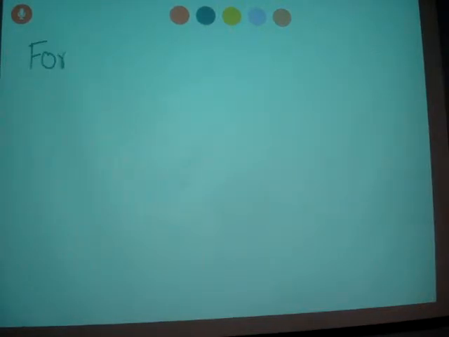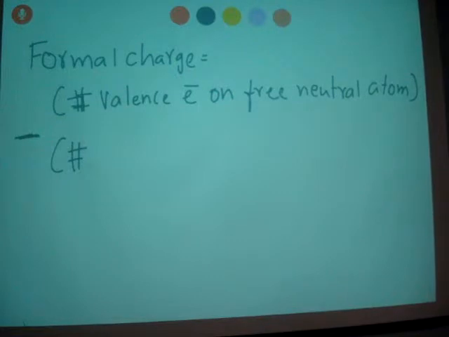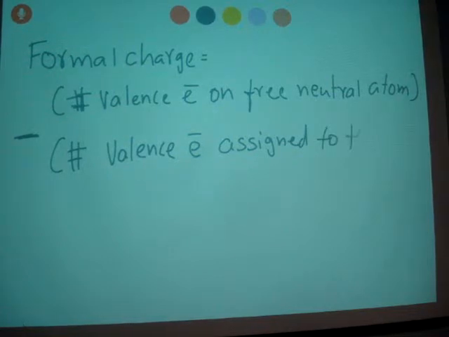So formal charge equals the number of valence electrons on a free neutral atom, minus the number of valence electrons assigned to the atom in the molecule.